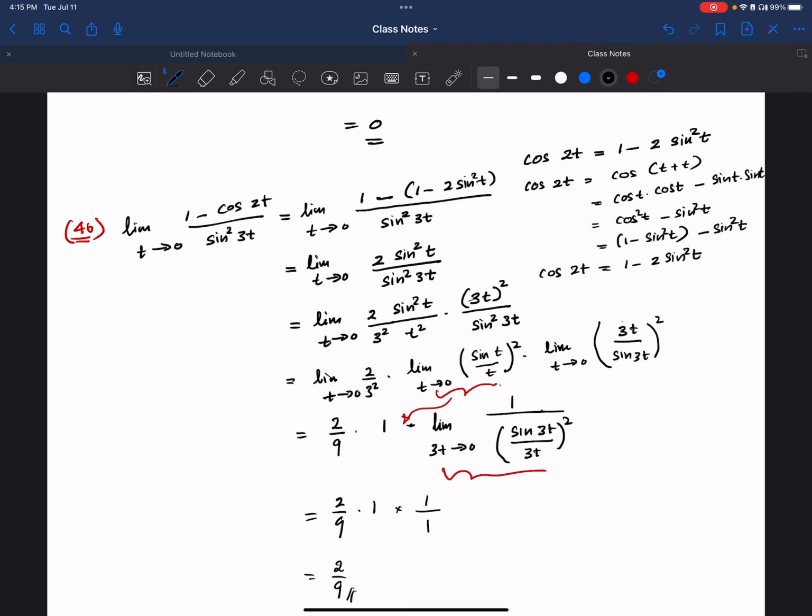So keep in mind that sine squared t is equal to sine t times sine t, which can be written as sine t squared. But it is not equal to this: sine squared t is not equal to sine of t squared.